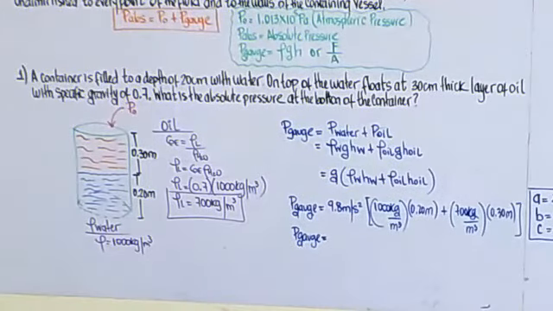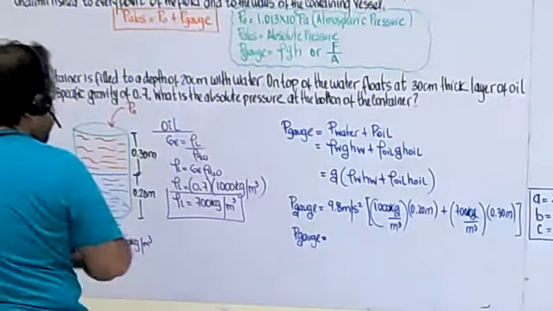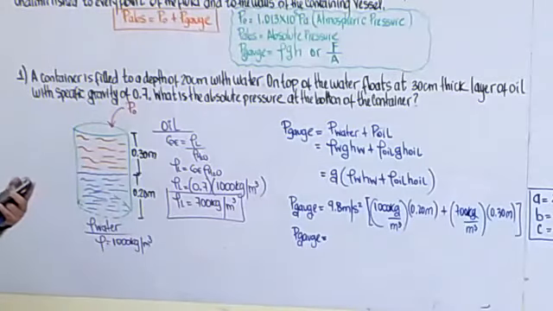Excellent. Well, that will be 1,000 times 0.20 plus 700 times 0.30, close parentheses, multiplied by 9.8.